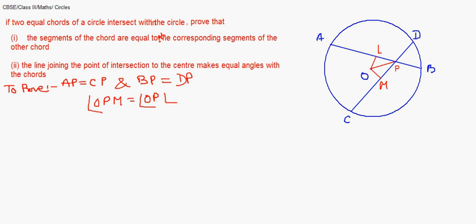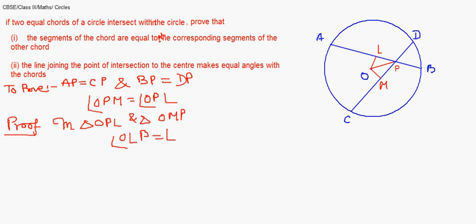Now we have joined OP, we have dropped the perpendicular. How do we start the proof here? In triangle OPL and triangle OMP, what all we have? Angle OLP is equal to angle OMP.